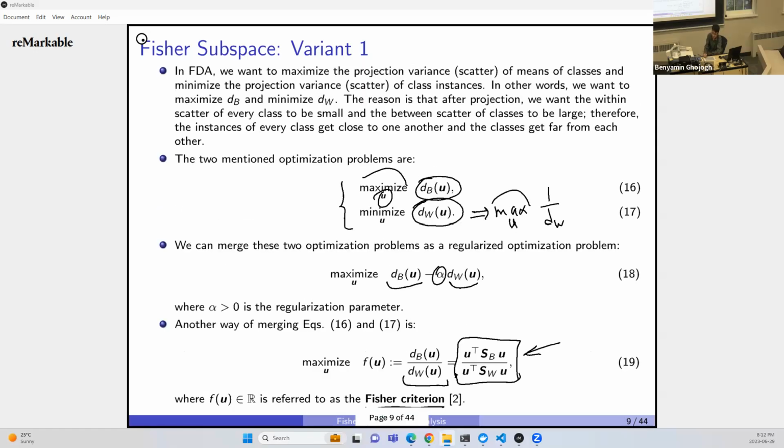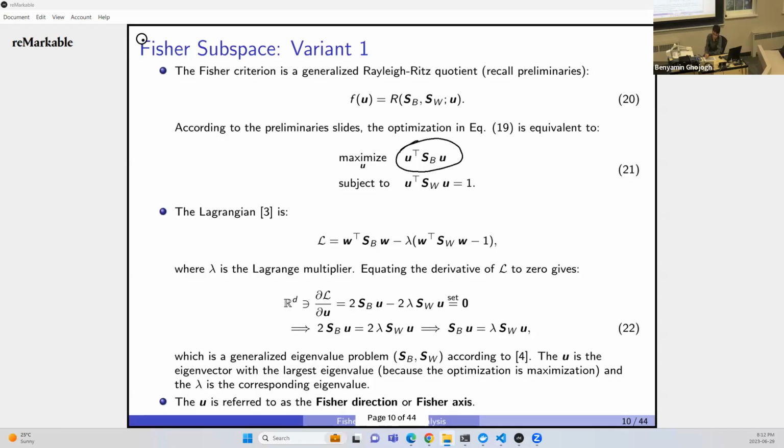According to the preliminaries, maximization of this is equivalent to maximization of the numerator while the denominator is equal to some constant. We proved that in preliminaries. We write the Lagrangian, take the derivative with respect to the optimization variable, set it to 0, and we end up with this, equation 22.